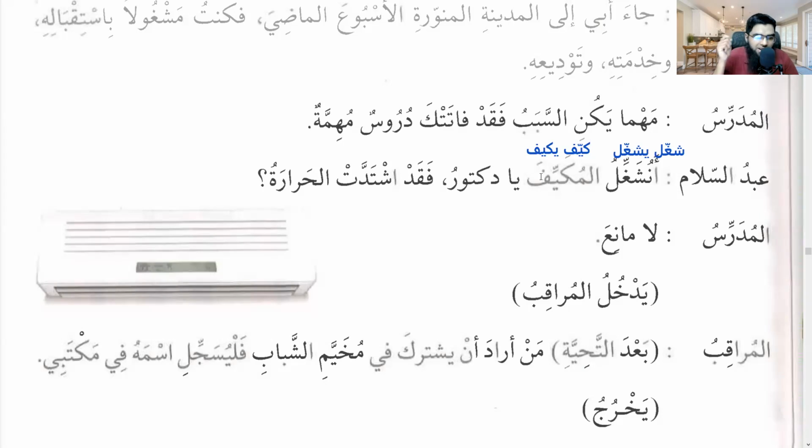So these guys have ACs now because they are in lesson 16, right? So they became rich because they've completed so much. Because when he started book one, that was a long time back, they didn't have ACs. They had just a fan, mirwaha. Now they have mukayyif. Should we start the AC, doctor Abdur Rahim?